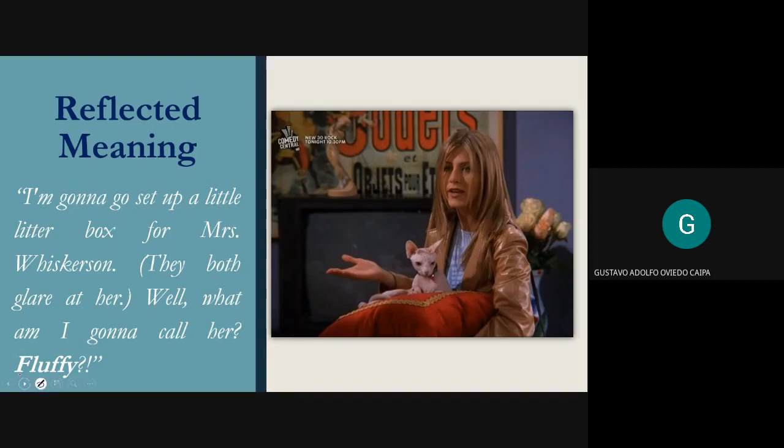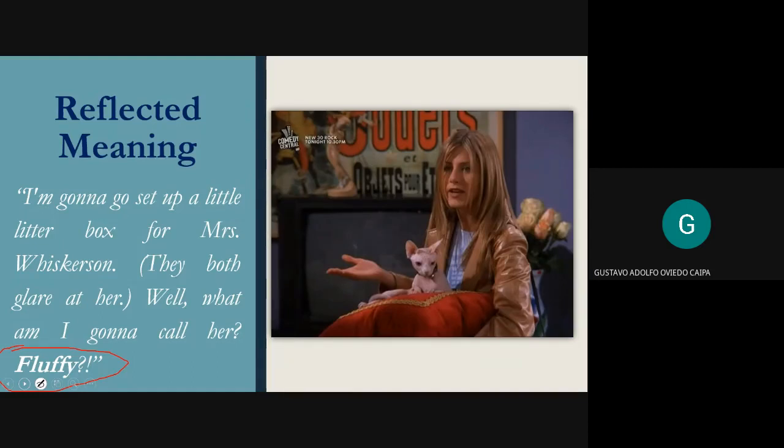Fluffy. So we're going to analyze the word fluffy in this case and why it would be inappropriate to call this cat Fluffy. Normally, Fluffy can be the name of a cat, right? It can be the name of an animal. But fluffy also brings the meaning of having a lot of hair, soft, warm hair.